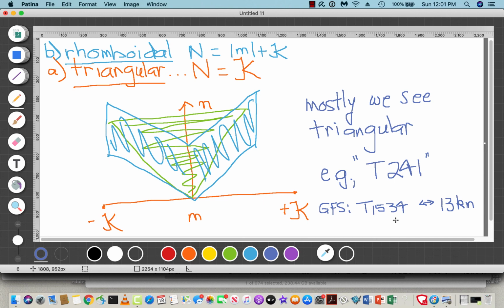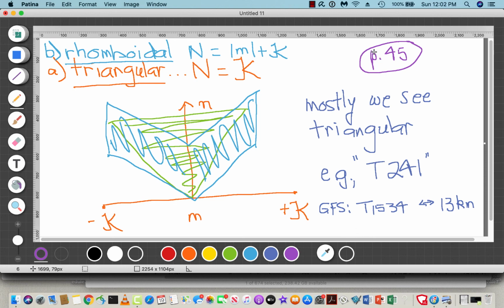Let me just read from the textbook. This is page 45 again in Warner's textbook. He very kindly invites us to read, right down at the end of the page, the triangular truncation is more commonly used for reasons discussed in Krishnamurti. Thank you very much. Triangular truncation provides a resolution that is uniform on the sphere and the same in zonal and meridional directions.